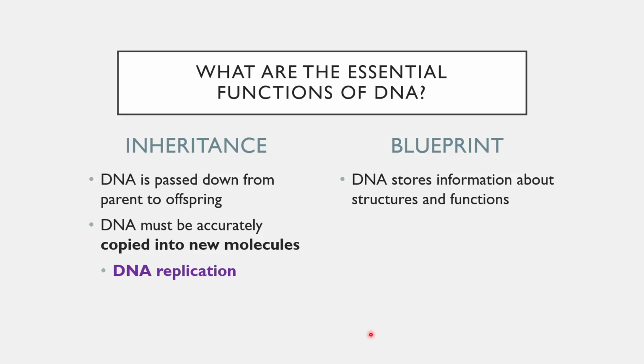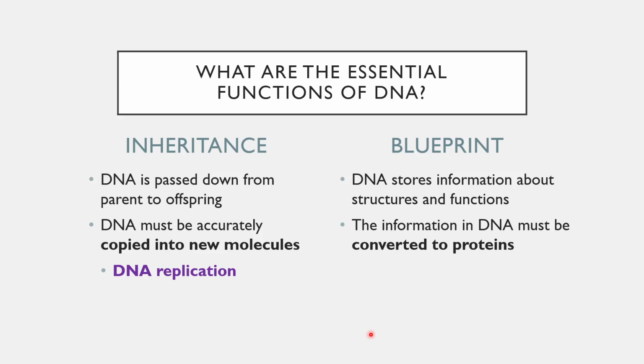We are first going to discuss the details of how DNA replication works so that DNA can be passed down to new generations. After that, we're going to talk about how DNA serves as the blueprint for information about structures and functions. In this capacity, in order to create structures in living organisms and to carry out functions, DNA has to be converted into proteins.